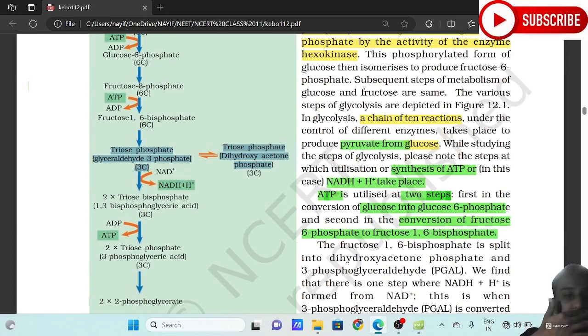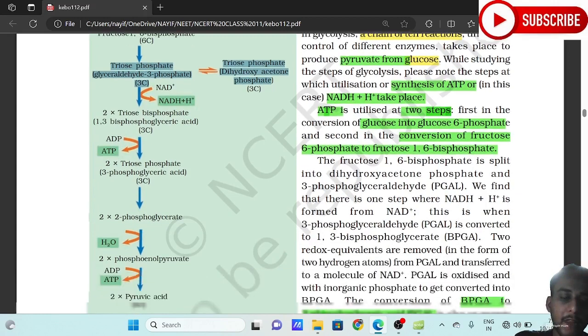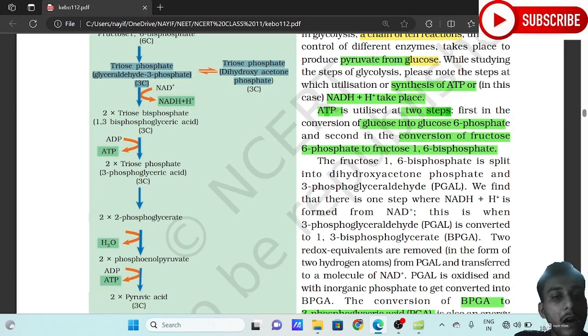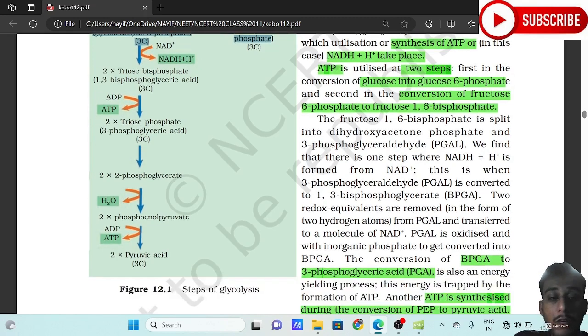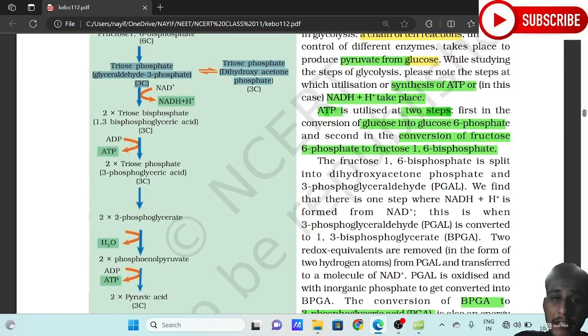Now, ATP was produced also in 2 steps, which is this step from 1,3-BPG to 3-BPG, and also from phosphoenol pyruvate to pyruvic acid. But here the condition is different. Here it is 2 times.